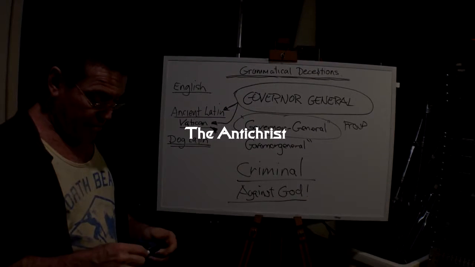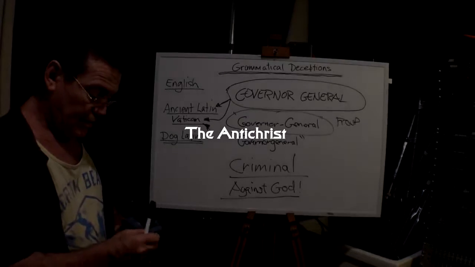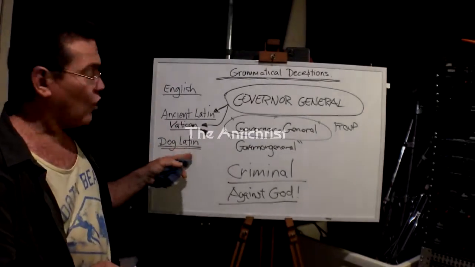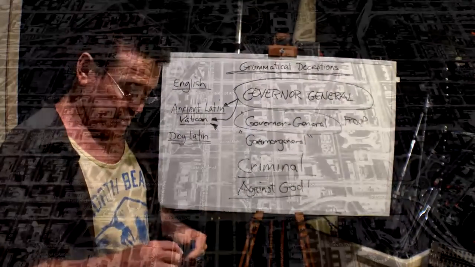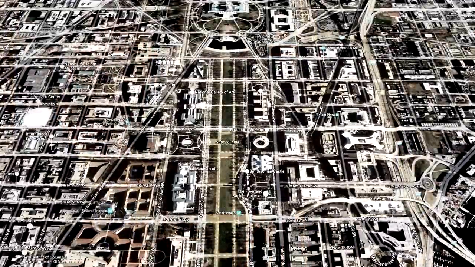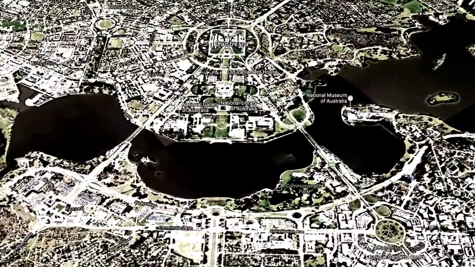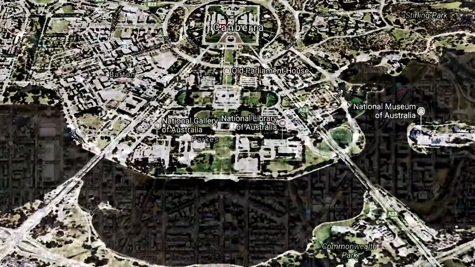You have to also remember that the people that are ruling this type of Dog Latin world, this fake government, are people like the Fabians, who believe in governments like Hitler and like Stalin, which maintains total control over the people.